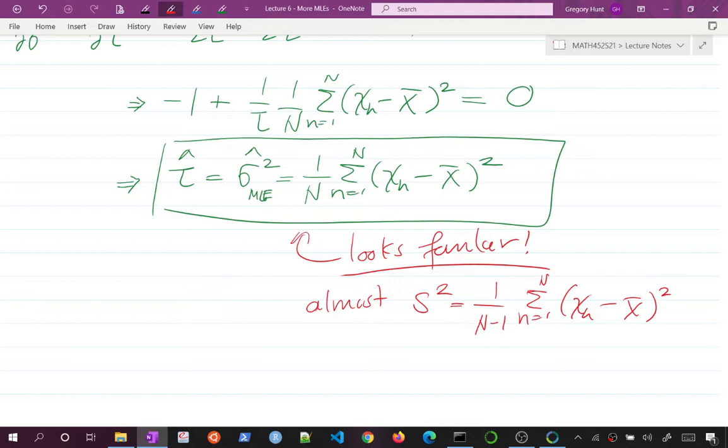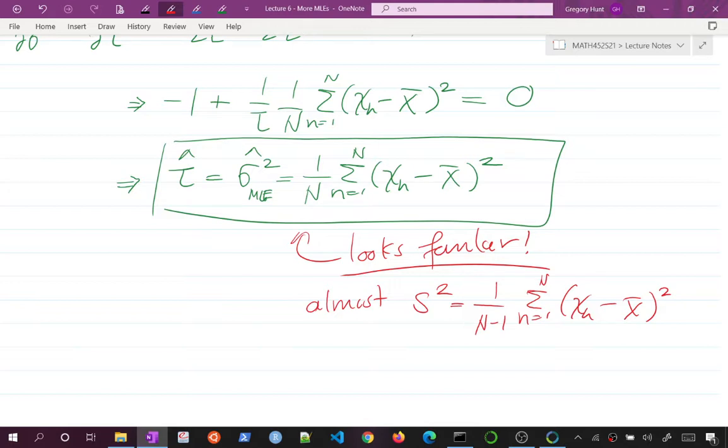And so when people make a huge deal out of, oh, using 1 over n minus 1 versus 1 over n, unless you really have a strong reason for preferring one or the other, the sigma squared MLE is a reasonable thing to look at, because using 1 over n is very reasonable to do.